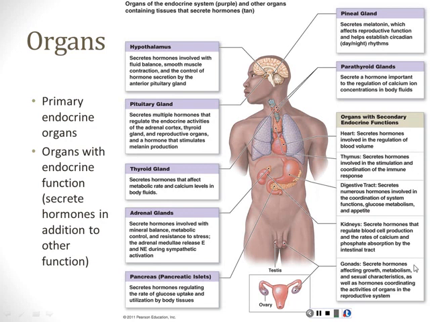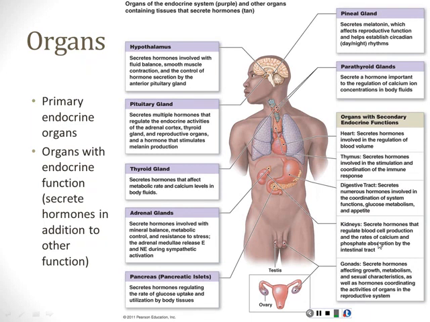So all of this box right here, we're going to talk more about these in other chapters. There's still endocrine components. We're just going to talk about them later, as opposed to talking about all the hormones in this one chapter, which will get very confusing. All right. So digestive tract. The kidneys, their primary job is to control our fluid balance and to get rid of waste products.